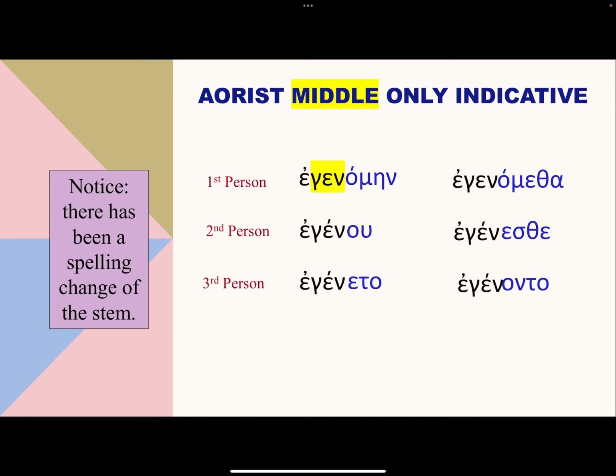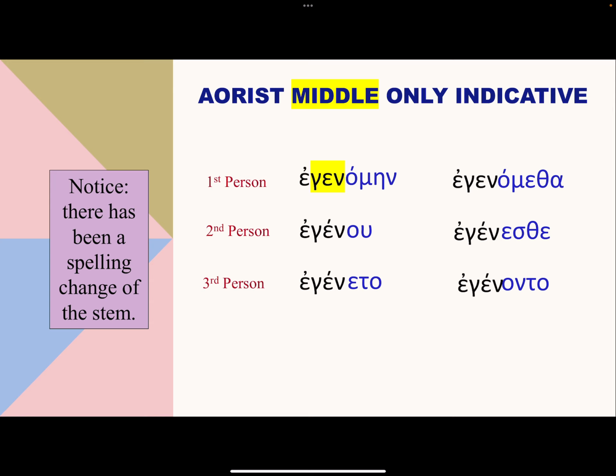Aorist words that are middle only, when they go into the aorist, obviously then use these middle passive endings. And so we see here that for ginomai, the stem changes, it reduces to gen, and then we add on our middle passive endings.